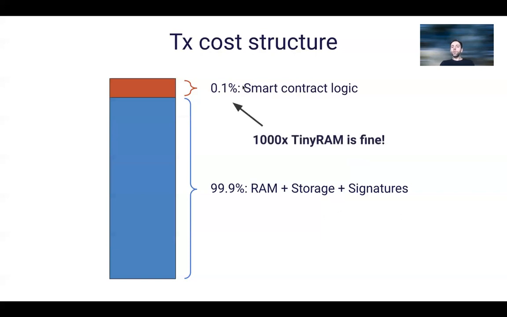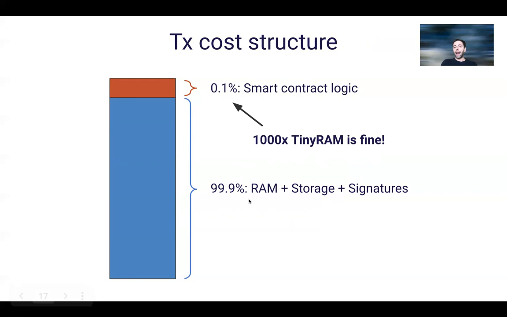So if we could apply TinyRAM to this small fraction, to the actual contractual logic, then even a 1,000 times overhead would not be a problem, because overall it will not make a big impact on the prover costs for this transaction. Maybe it will just increase it twice, or by 30%, or by 50%.